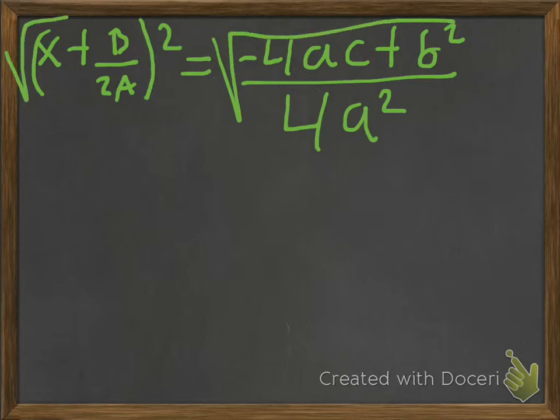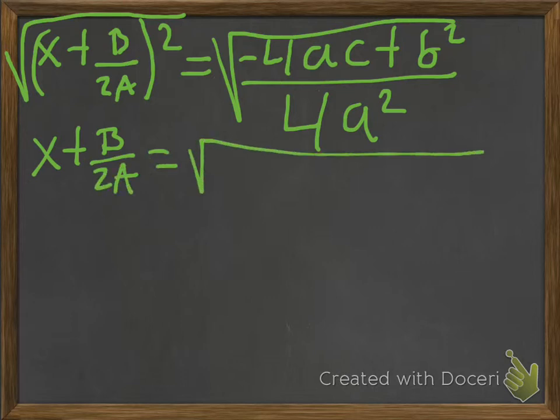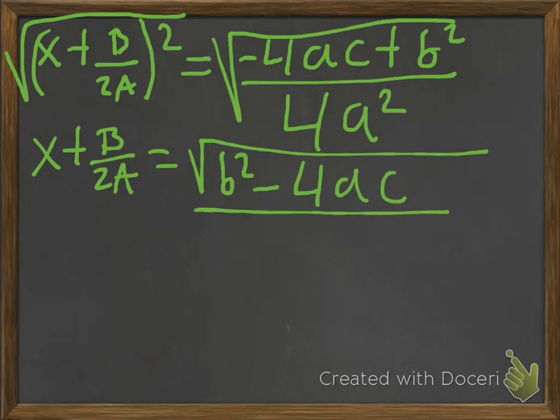We get x plus b over 2a equals the square root, and this should look very familiar, b squared minus 4ac, over 4a squared.